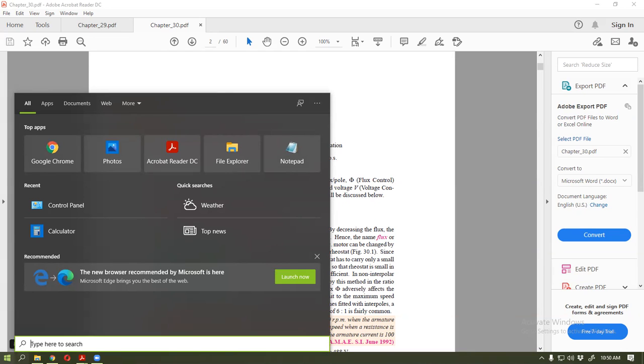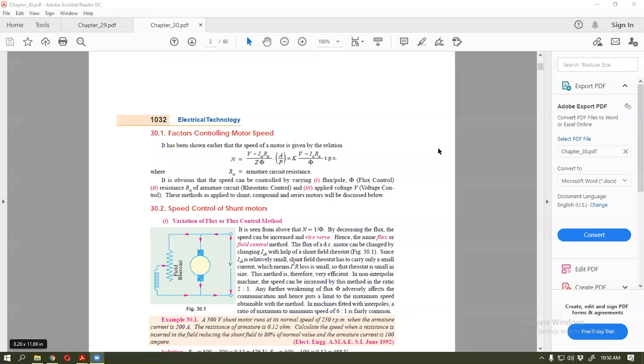Why do you use a starter? So the starter is a very important device in our motor part.